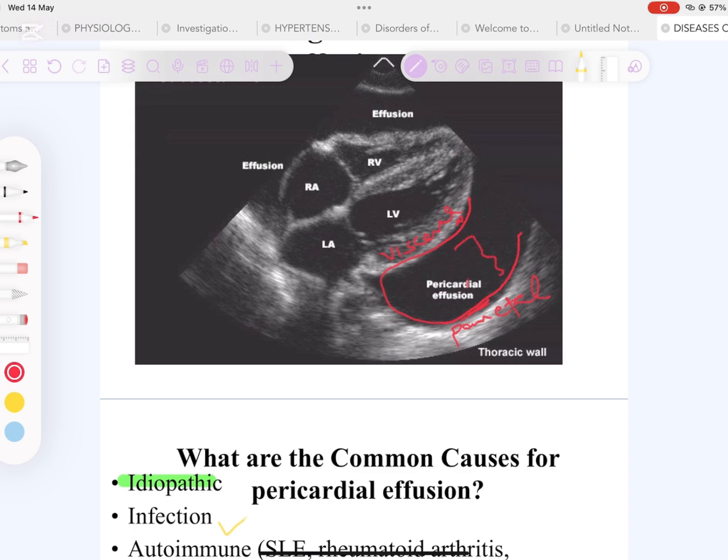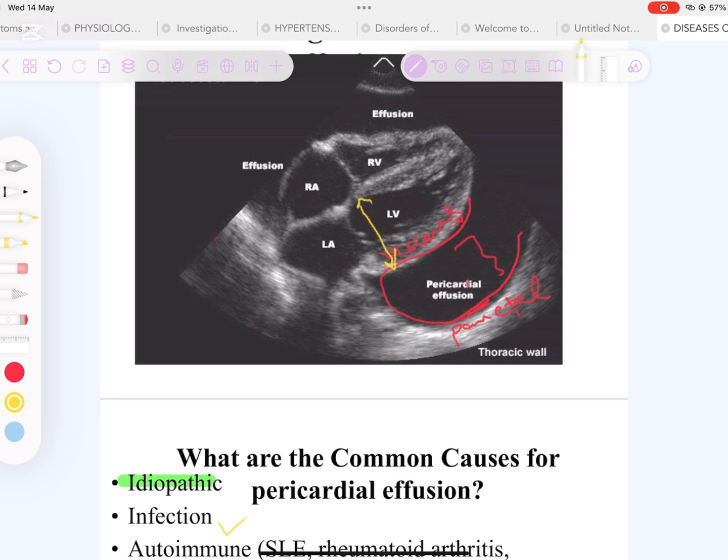Now, if this place is dilated, you can see that left ventricles are usually larger. Left ventricle is supposed to be reaching here, because left ventricle normally is supposed to be bigger than the right ventricle.